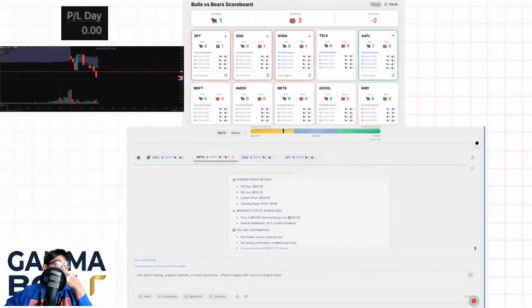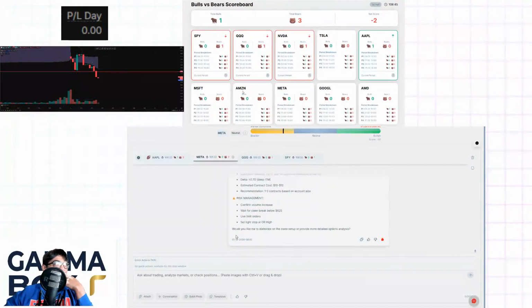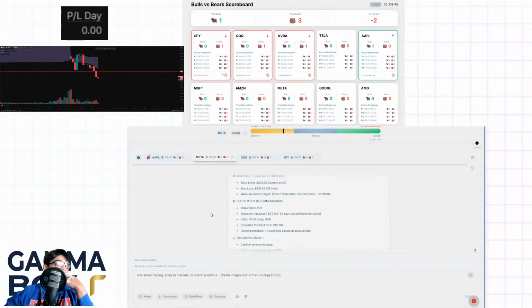Price is below opening range low. Yep, bullish breakout, not a bullish. Got it. So 630. The nearest is actually 2DTE.